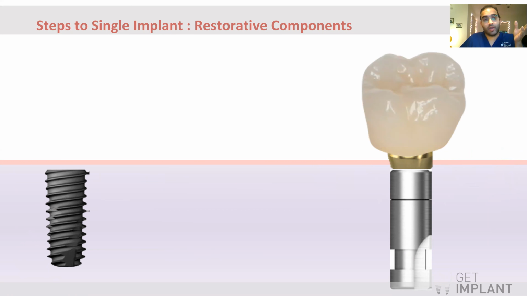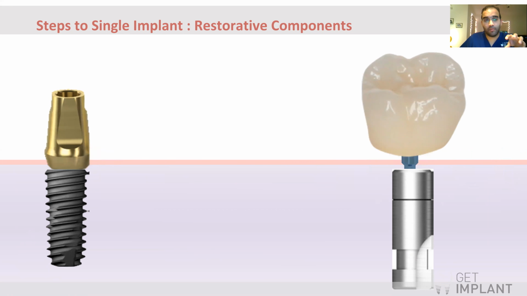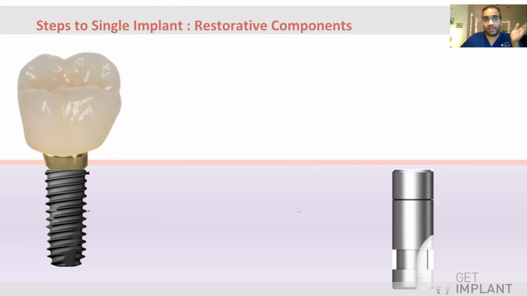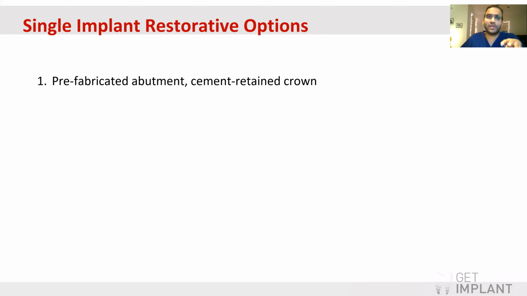It could be a custom abutment, or it could be a stock abutment, which is used for fabricating that prosthesis, and then we place the crown back. Now, this type would be cement-retained. And if we have an access hole on top of this, it becomes what we call a screw-mentable crown, which is cemented but has the properties of a screw-retained crown. So there are various ways in which you can restore a single implant.